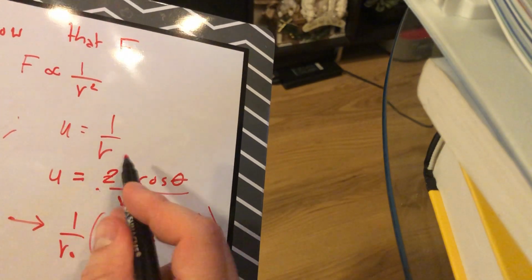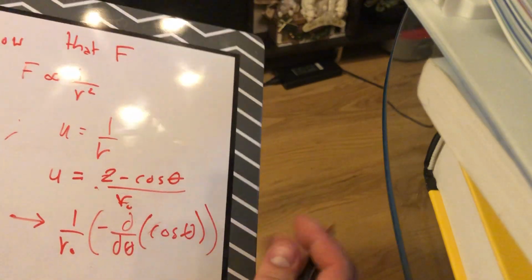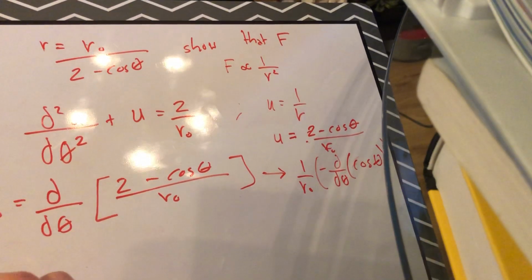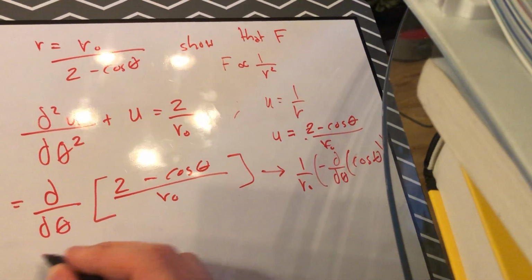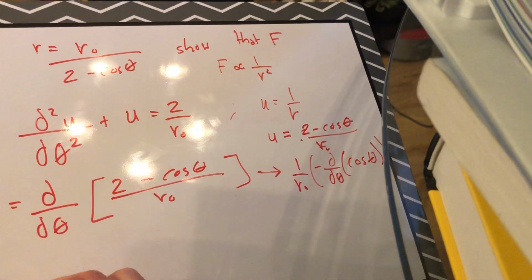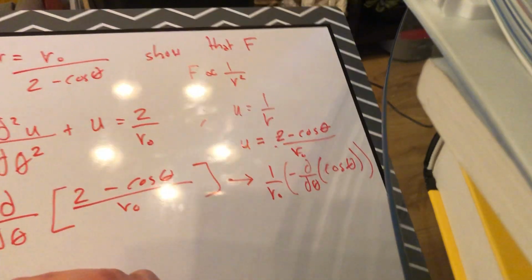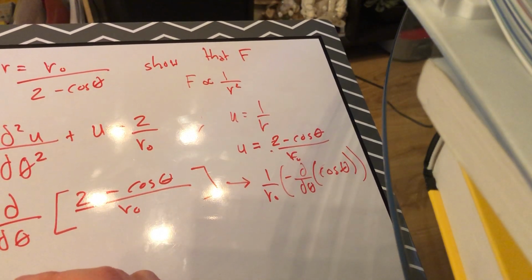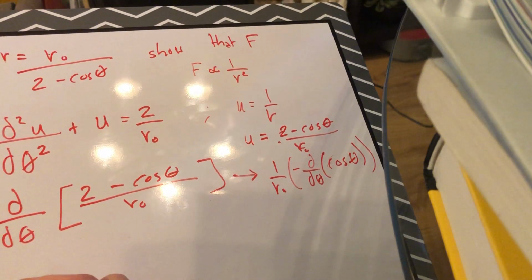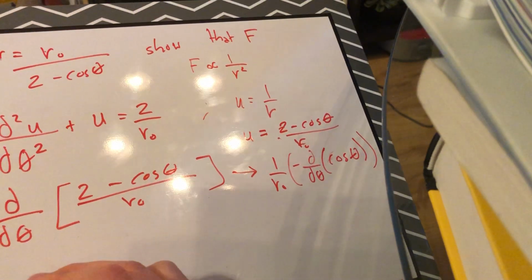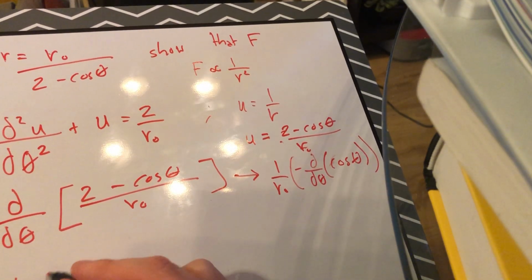So the derivative of that is 0, and the derivative of this, we're going to end up with du d theta is equal to 1 over R naught, and the derivative of cosine is going to be sine, and we are going to have a negative.